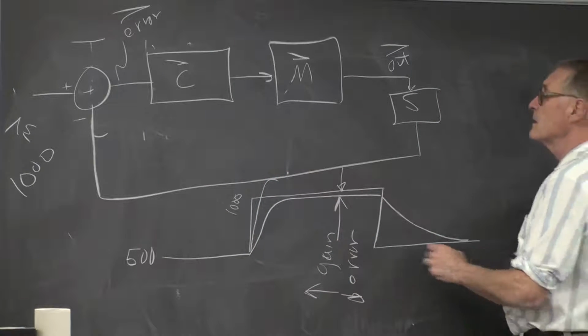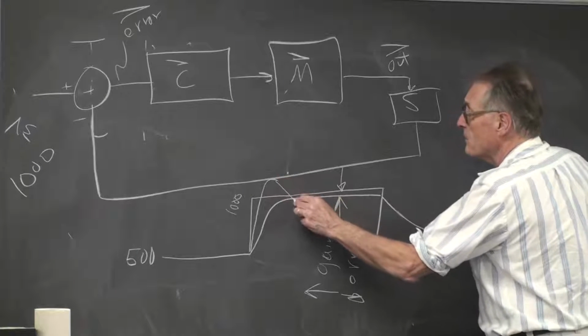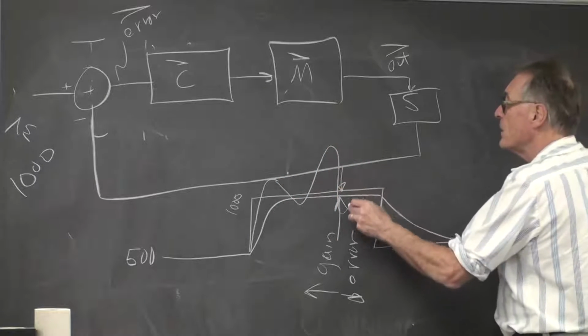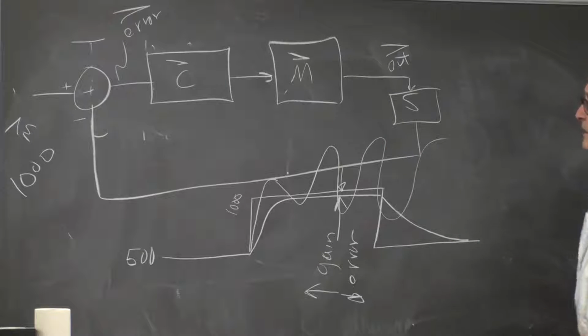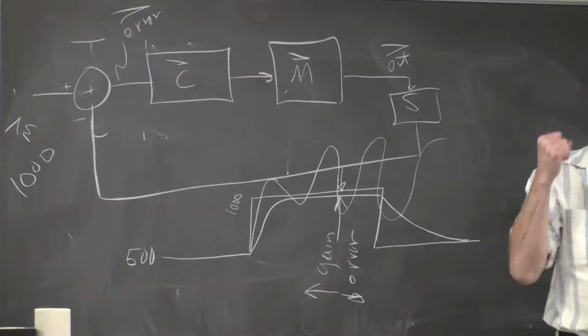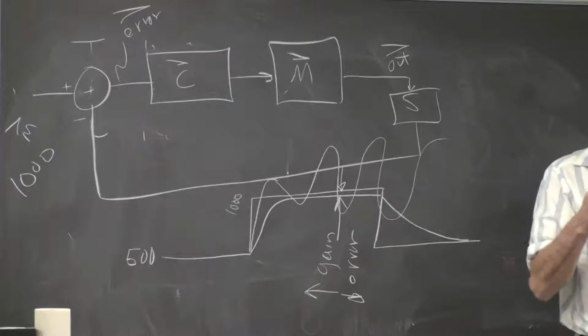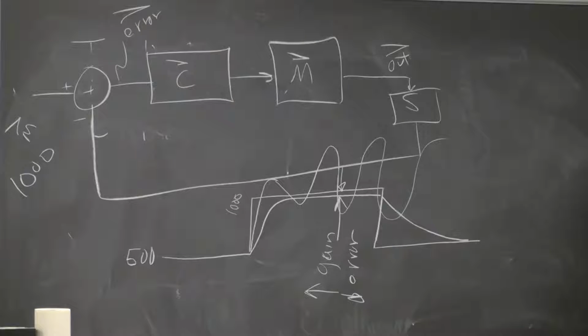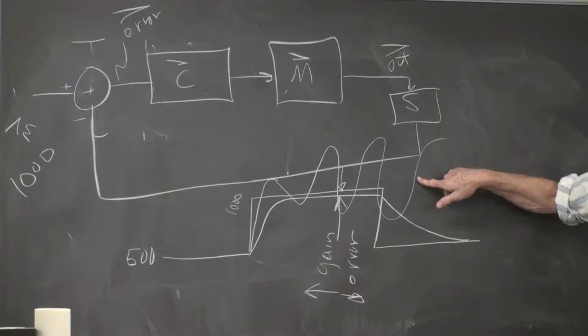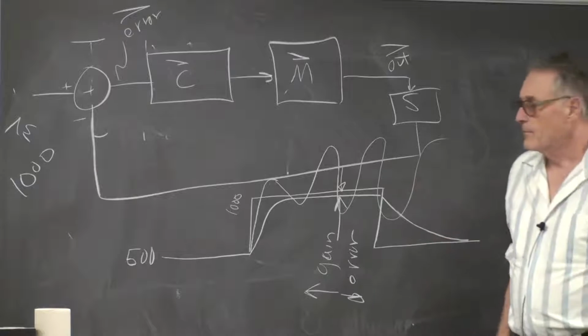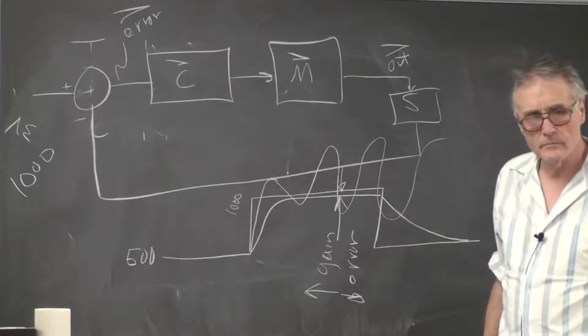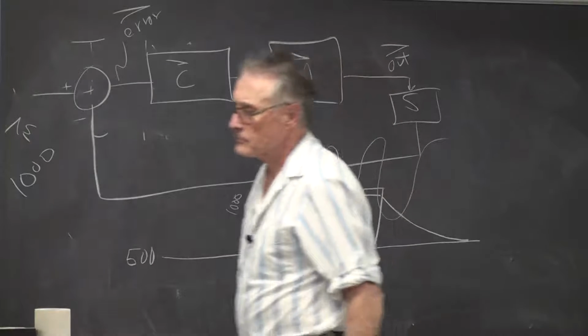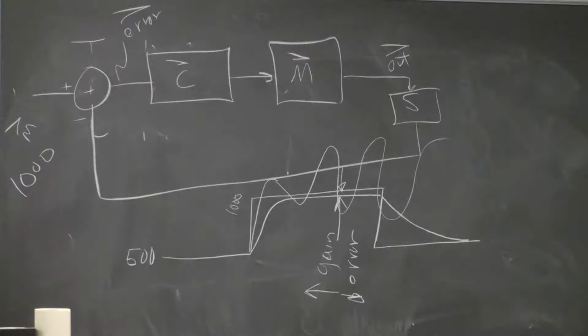Notice that it's high, decays down, gets below, gets higher, and you'll end up with limit cycle oscillations going from 0 power to full power as fast as the controller can, at the time constant of the motor. So very high gain means unstable system. So what's a person to do?